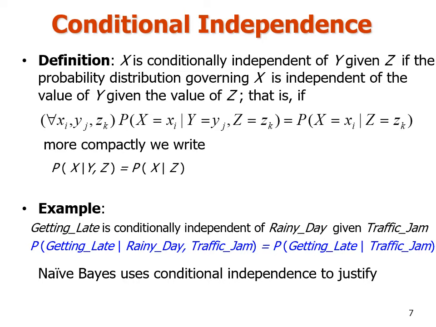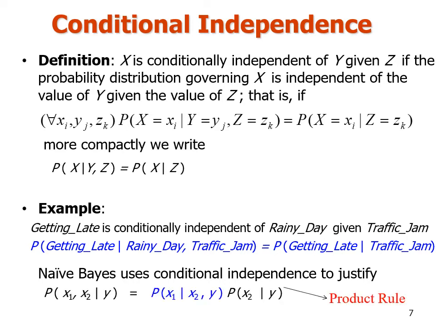By simply using the product rule, we can write probability of x1, x2 given y is equal to probability of x1 given x2, y into probability of x2 given y.